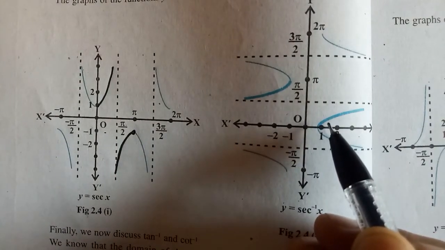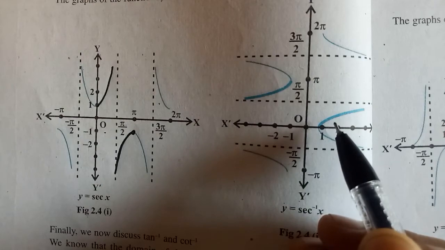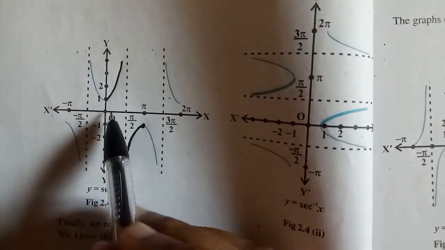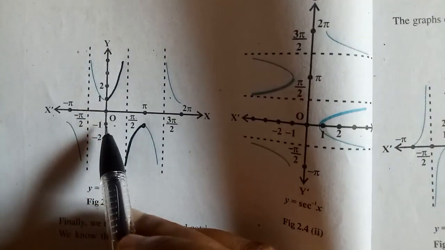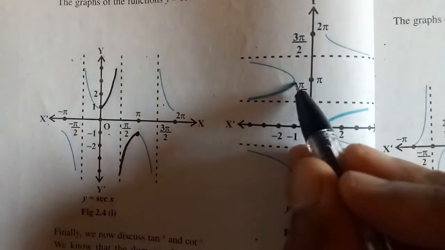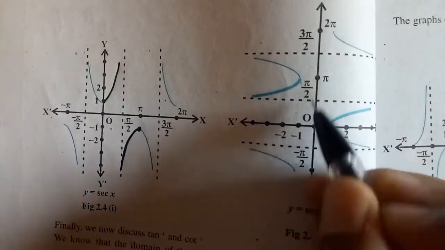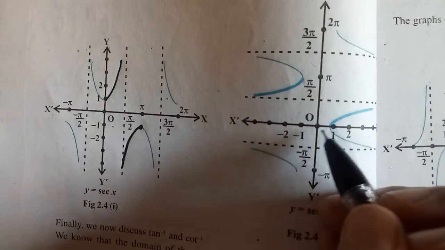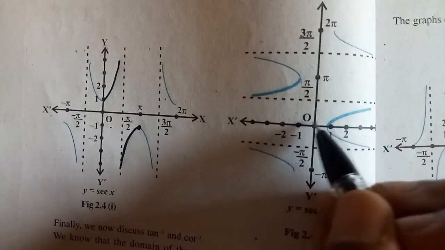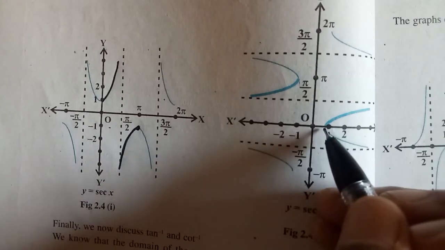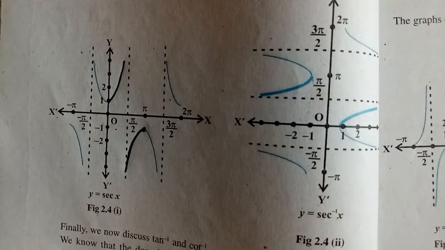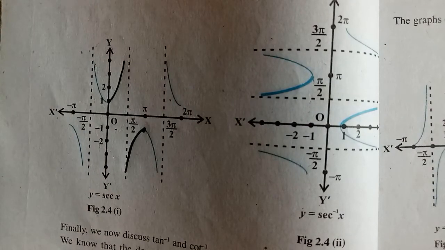So what should be the elements in my domain? My domain will be R minus, now there you saw, between minus 1 and 1 nothing is there, right? Similarly here, between minus 1 and 1 this much portion is blank. So if my elements are coming from outside this interval, and restricting to this part, my function sec will have the inverse sec inverse.